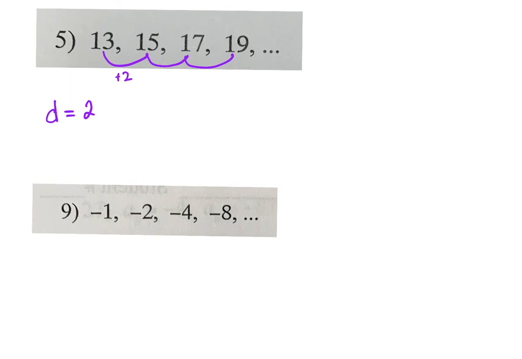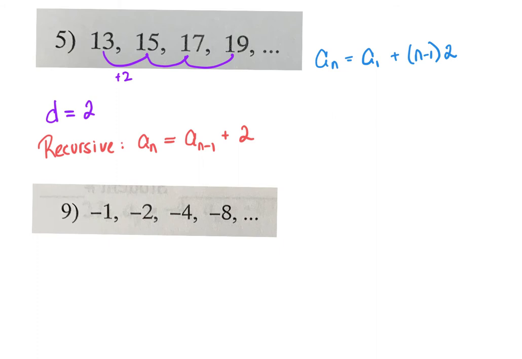So I would do my recursive formula. If I'm looking for a specific term, I need the term in front of it, and I just add 2. For explicit, I'm going to have to do a little bit of work first. a sub n is going to be my first term plus n minus 1 times my common difference.